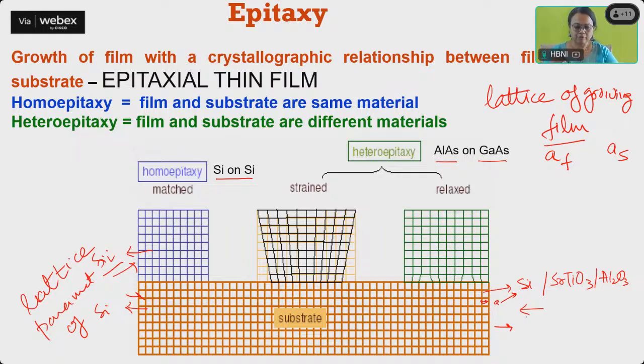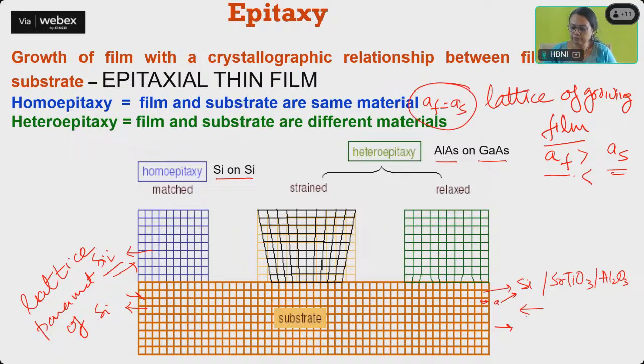Anyway, we were talking about the lattice mismatch of the substrate and the growing film. Let our film lattice be AF and the substrate AS. So AF can be larger or smaller. When it is equal, it is homoepitaxy: AF equals AS and the same material.